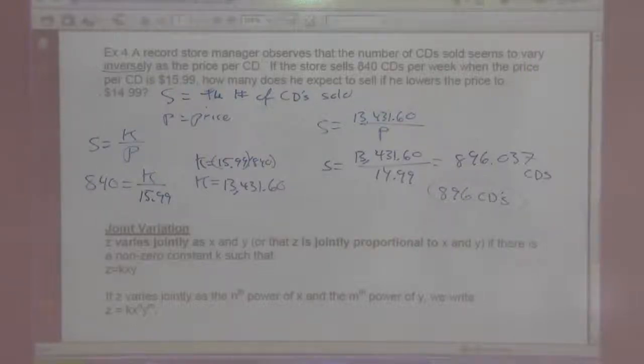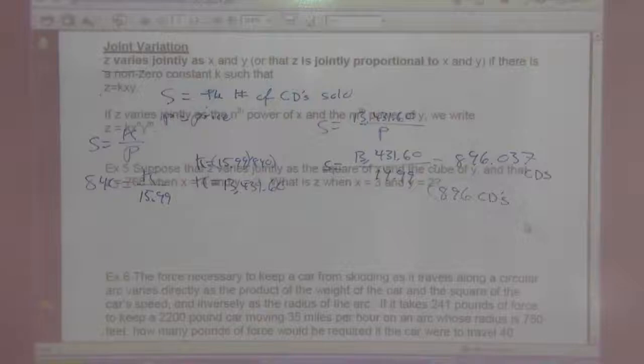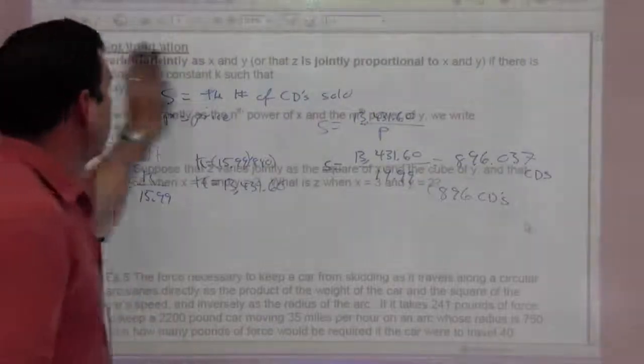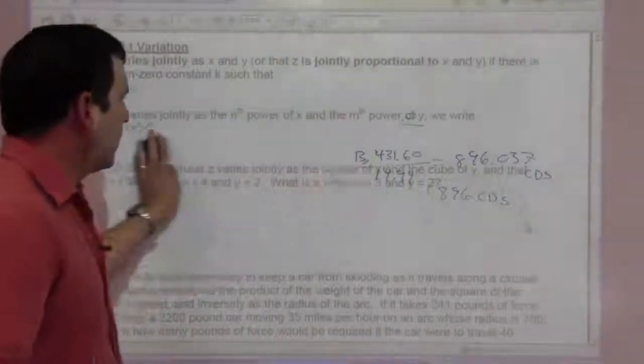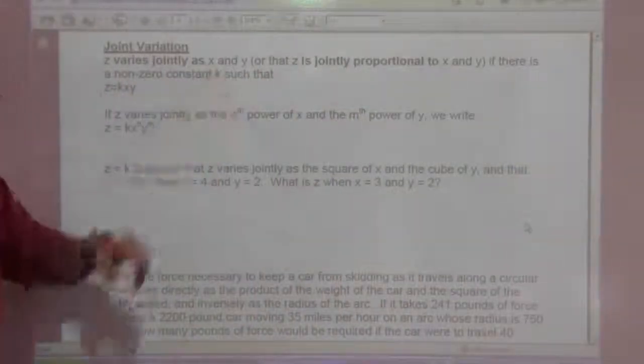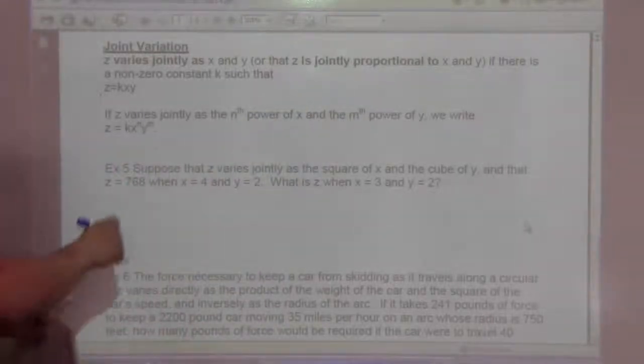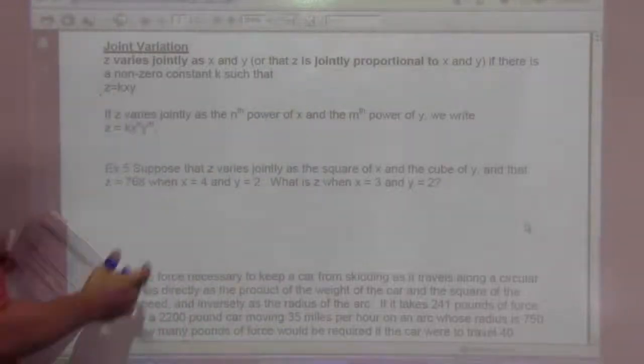I'm going to go on to joint variation now. Z varies jointly as x and y, or z is jointly proportional to x and y, if there is a non-zero constant k such that z equals kxy.